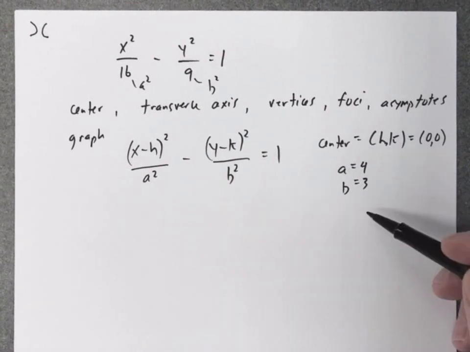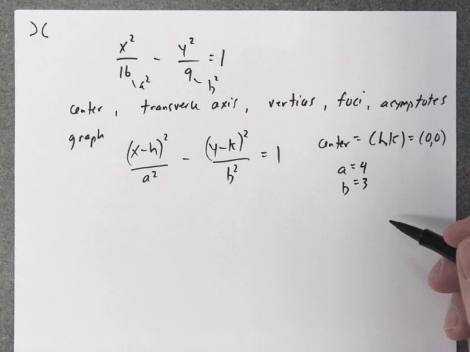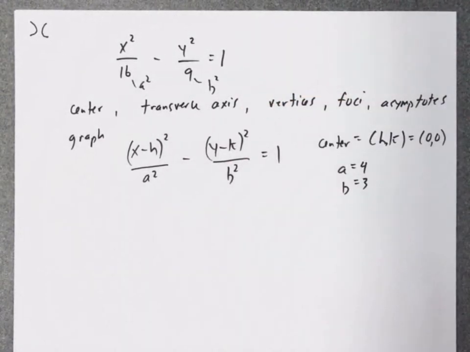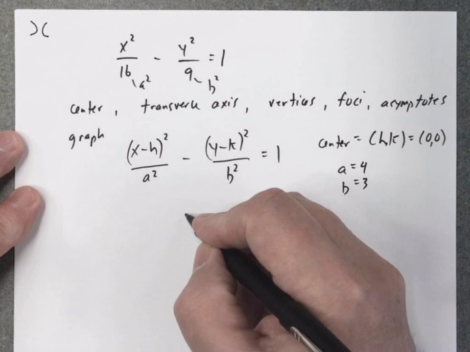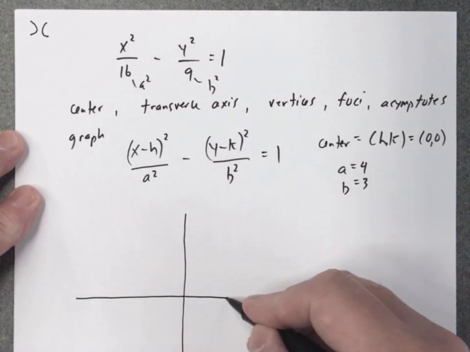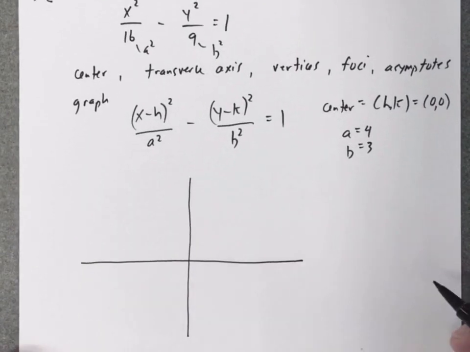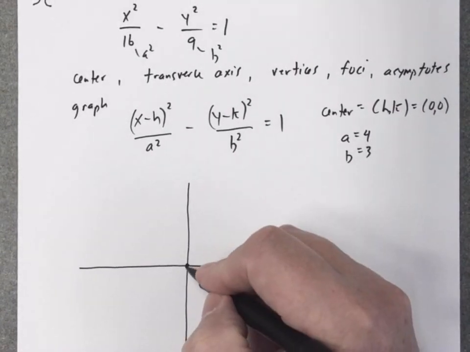Now with this information, we can go ahead and pretty much graph the hyperbola. Let's do that, and as we do, we can figure out the rest of the stuff. So the center is at the origin.